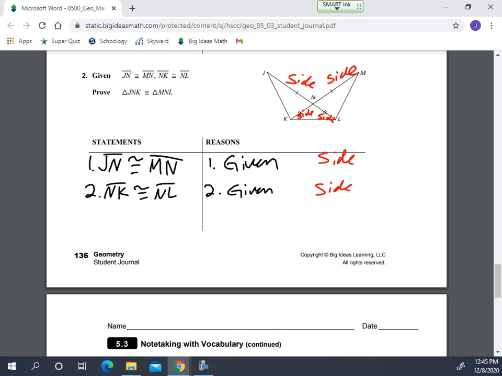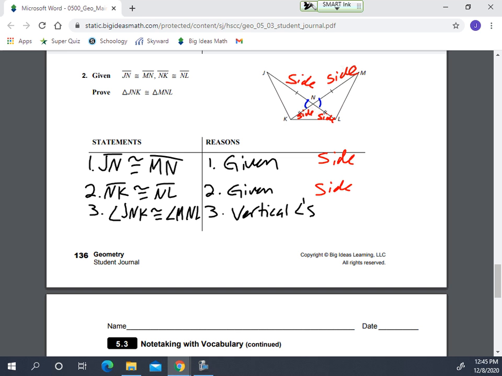Now we need an angle in between our sides. Which angle is that? Well, that's right here, right? What do we know about those two angles? I know that they're congruent. Angle JMK is congruent to angle MNL. Why? Because of the vertical angles theorem.